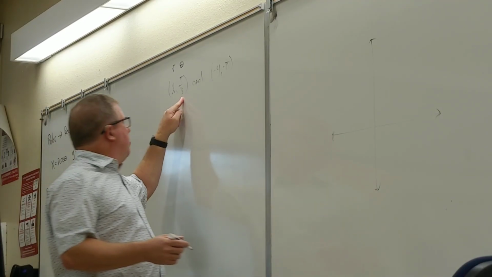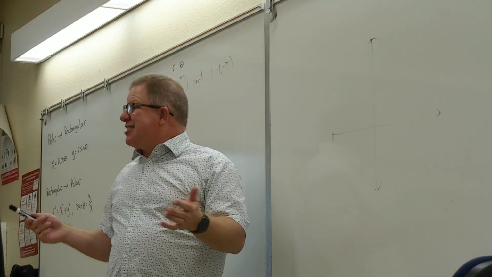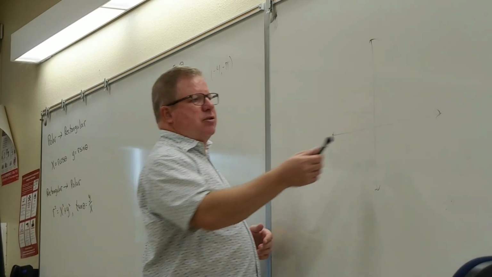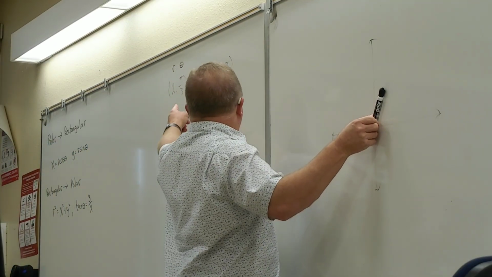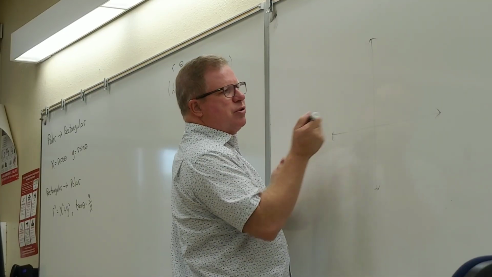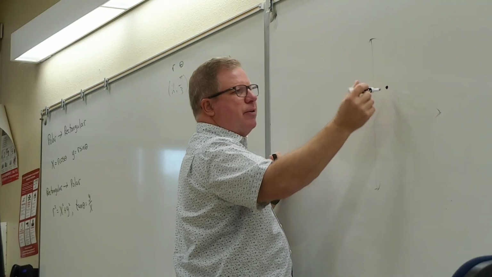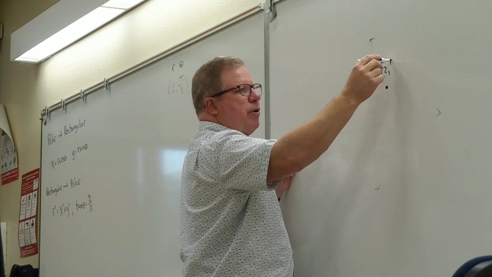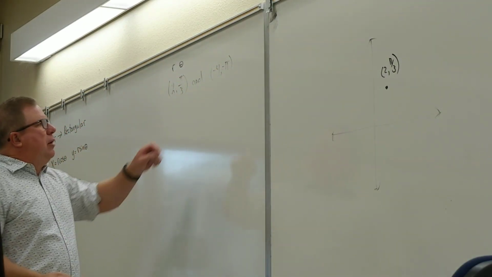So you actually want to start by looking at that angle. Pi over 3 is like 60 degrees. So rotate up here 60. And then our radius is 2. That's the distance from the origin. So we're just going to be approximate here. It's going to be somewhere out here. 2 pi over 3. And that's it.